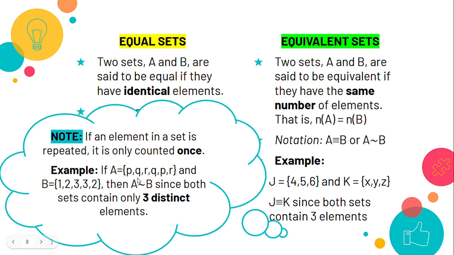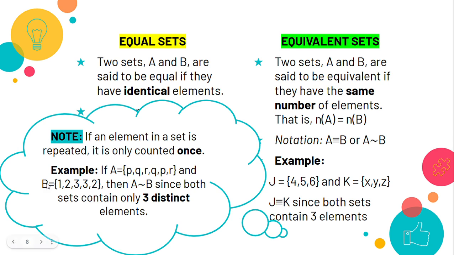But because we're only counting the distinct elements, remember that's how we described our set, a collection of well-defined distinct elements, there are only 3 distinct elements in set A, and those elements are P, Q, and R. So the number of elements in set A is actually 3. We don't count the elements that are repeated more than once.